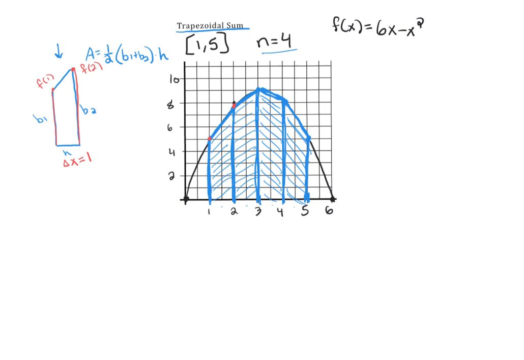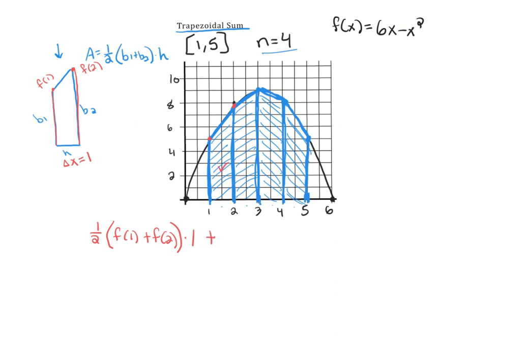So the area of that first trapezoid is 1/2 f of 1 plus f of 2 times the height, which is 1. So I know it's silly to write the 1, but we're going to, so you see everything. Okay, so that's the first one.